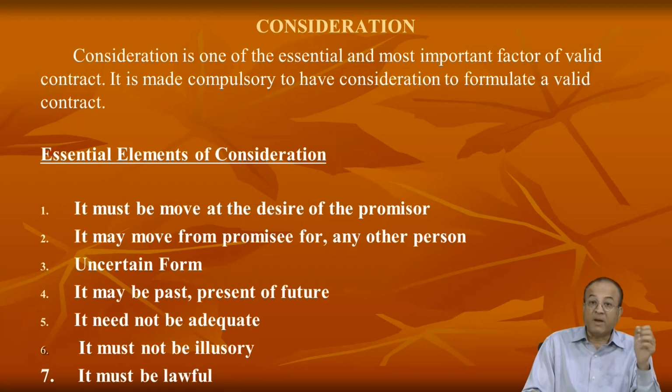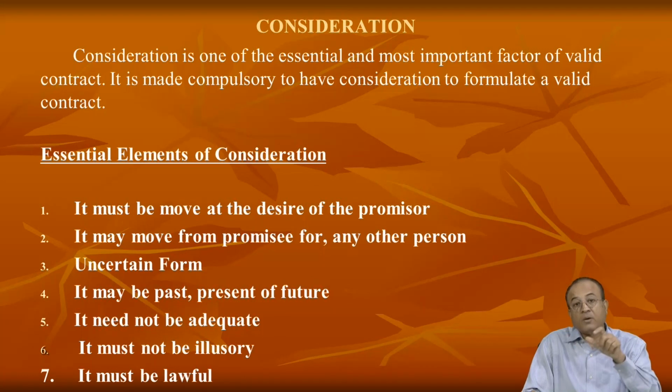Fourth, it may be past, present, or future. The words of Section 2(d) are: has done or abstained from doing, past; or does or abstains from doing, present; or promises to do or to abstain from doing, in future.